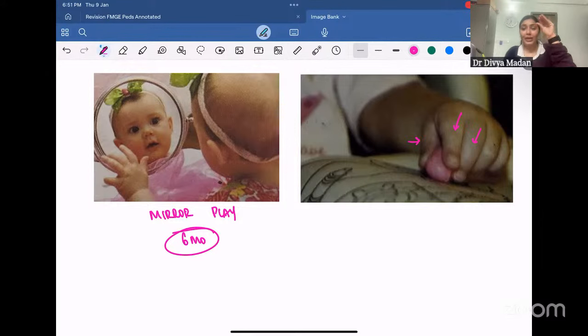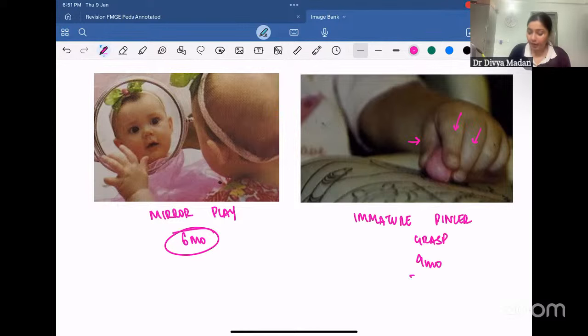But when the child is not making okay and using the accessory fingers to hold the object, that is immature pincer grasp. Immature pincer grasp comes at 9 months of age, and mature grasp comes at 12 months of age.